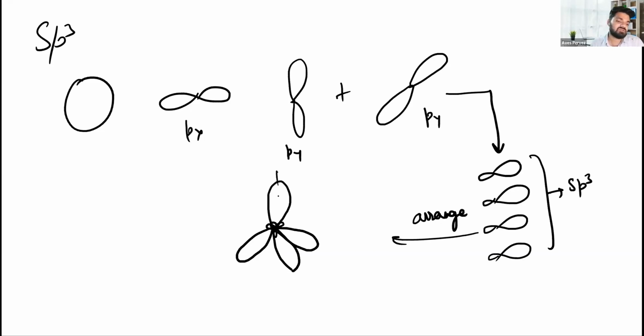If we consider this one and this one in a plane, this will be out of the plane and this will be into the plane, meaning this will be coming out of the screen and this will be going into the screen. So this is a tripod-like structure. Okay, a tetrahedral structure will be like this. Okay.